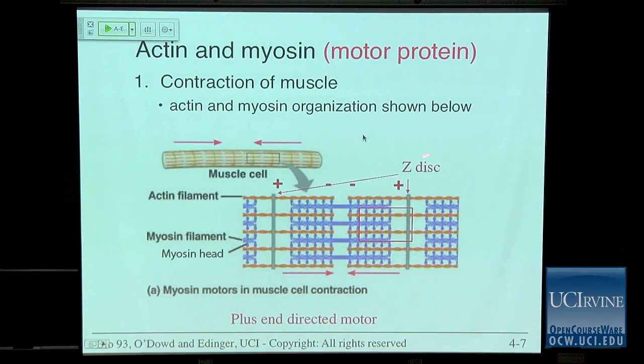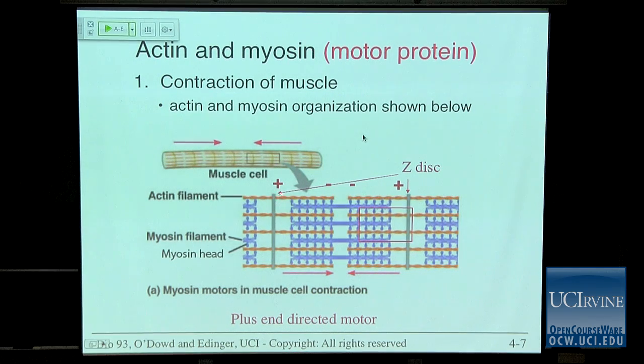So here's a muscle cell, and we're going to look at one unit of the muscle cell here, which is designated between these two Z discs, this one here and this one here. This region is a mirror image of this region. So if we look at this region, we have actin that has a plus end and a minus end. The plus end is attached to the Z disc, and the minus end is in the center of this unit.